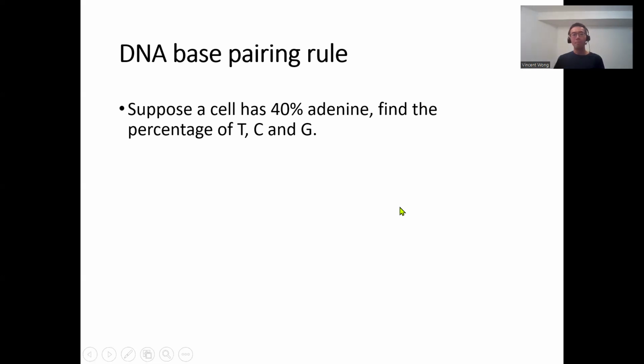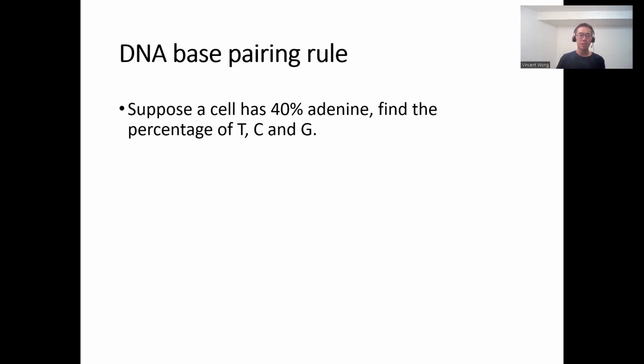All right, let's do some math. Everybody gets a little bit tense when they hear we have to do math in biology. Actually, we do, especially in the genetics unit later on. There are quite a few calculations. So let's start with an easy one. Suppose a cell has 40% adenine.